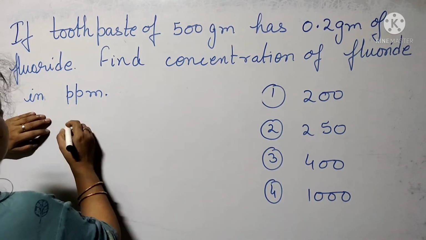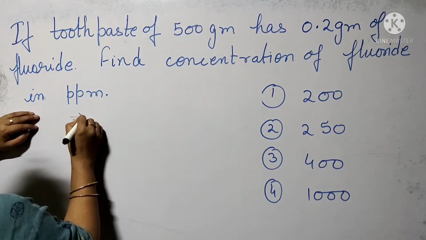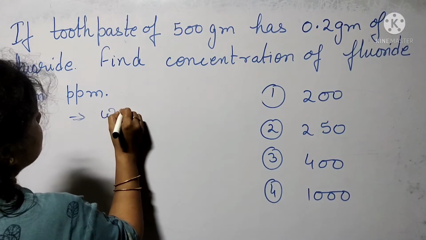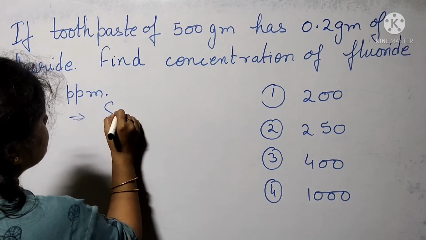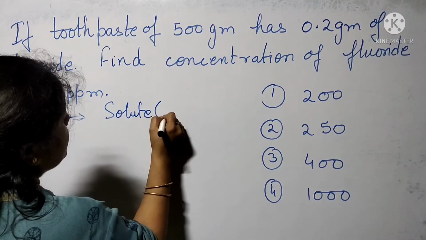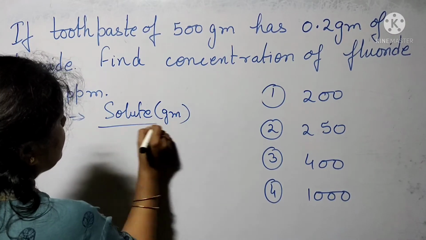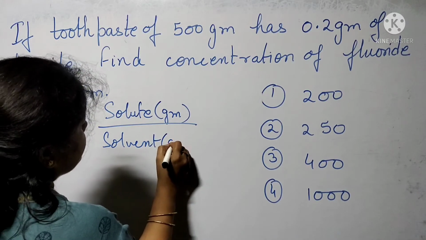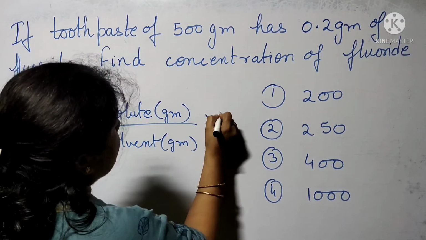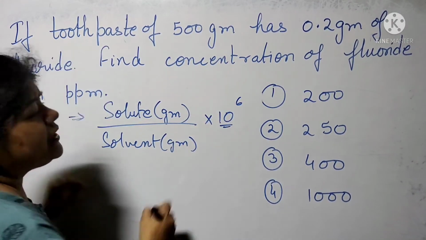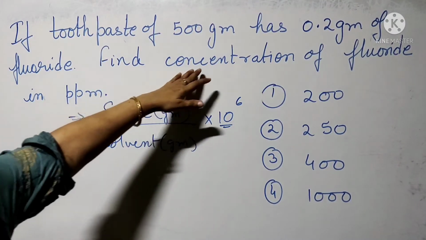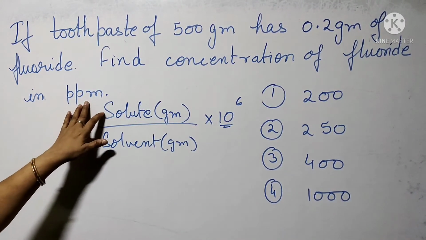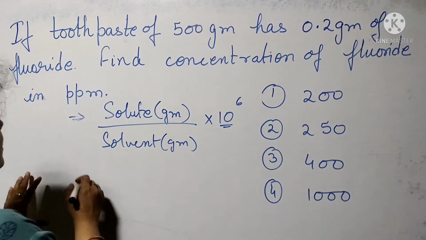The formula for that is weight of the solute in gram upon weight of the solution in gram, into 10 to the power 6. We have to multiply with 10 to the power 6 if we have to find the concentration in ppm.